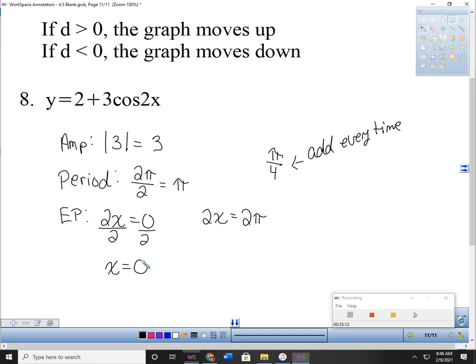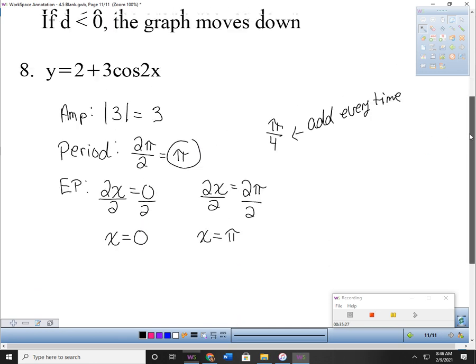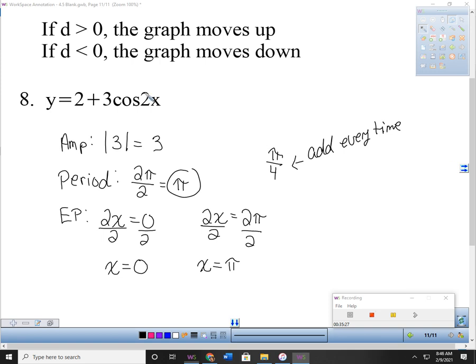That's where I will be starting. And then I'm going to divide by 2. And x equals pi is where I'll be ending, which makes sense, right? From 0 to pi is a distance of pi. And notice that I didn't add or subtract anything like in here. So that didn't move me left or right, correct? So I'm starting at the 0 because I didn't add or subtract a number in here.